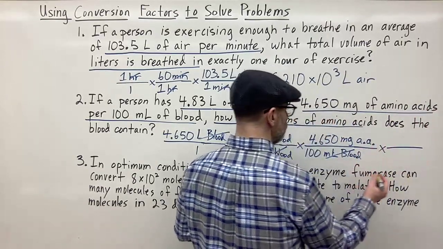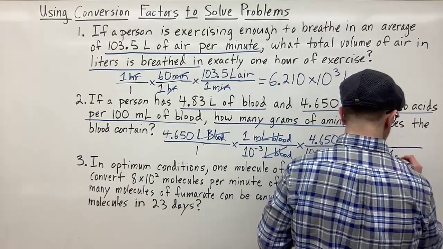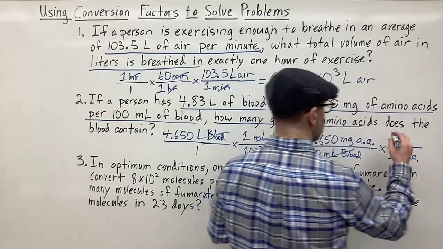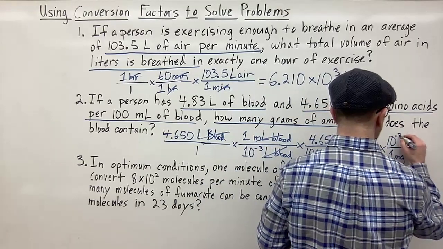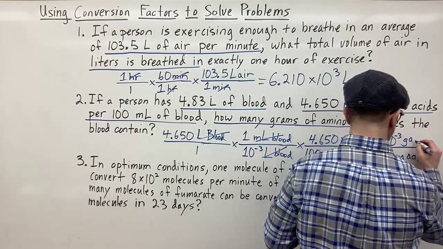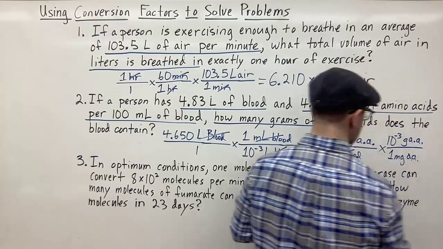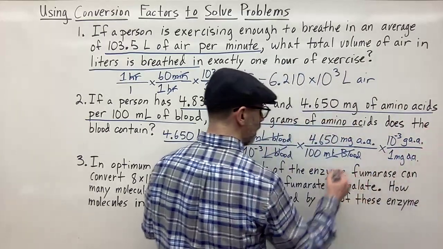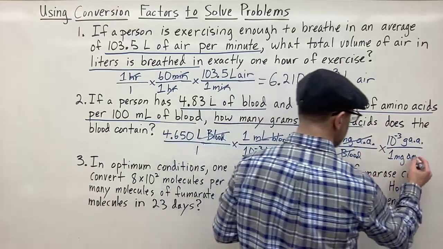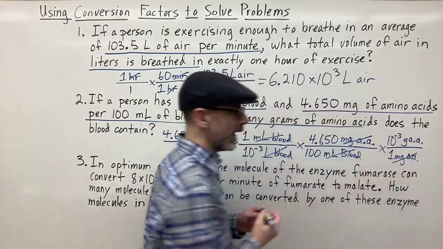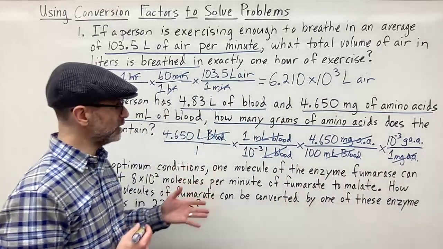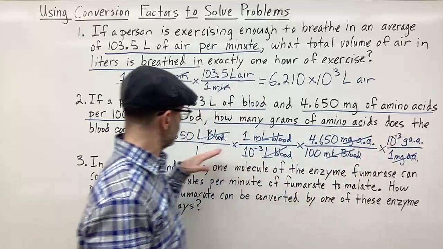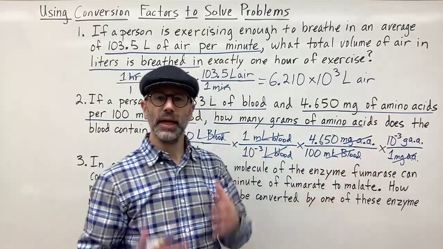So 1 milligram of amino acids goes on the bottom, and 10 to the negative 3 grams of amino acids goes on top. Milligrams is on the bottom, grams is on top. So milligrams of amino acids cancels out, and now I have grams of amino acids. So I'm done. Now all I need to do is multiply across the top, divide by what's on the bottom, and I get my answer.